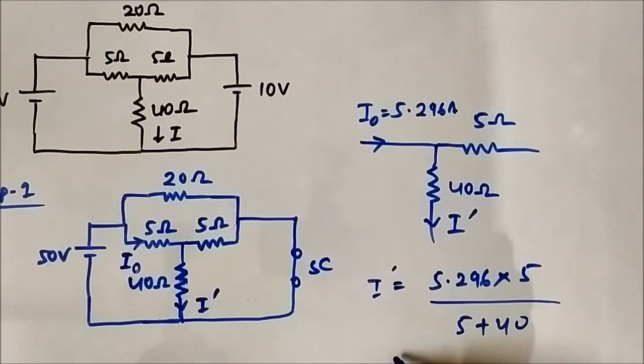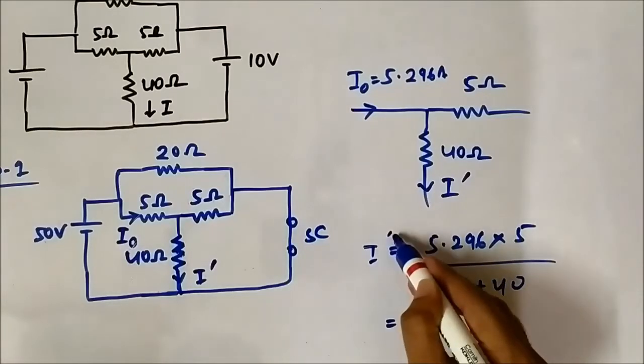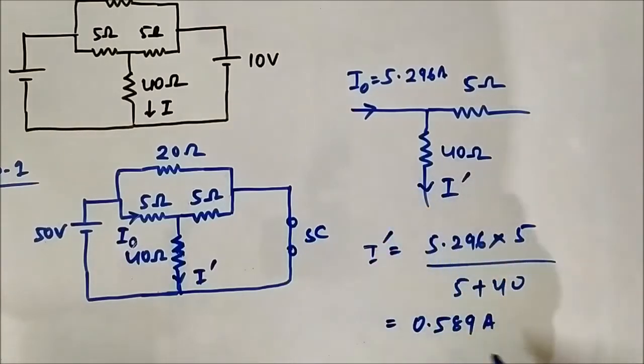So this value of I dash, 5 into 5.296 divided by 45, is coming as 0.589 ampere. I dash is equal to 0.589 ampere.